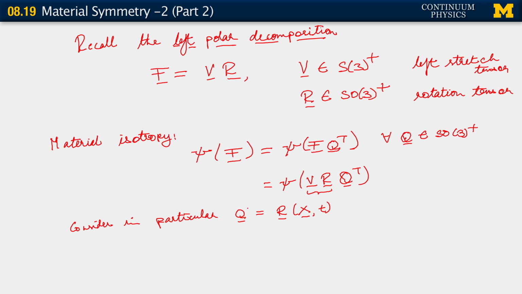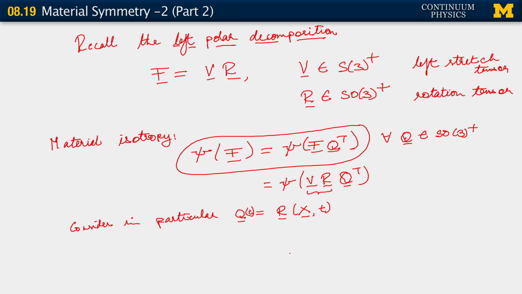Suppose that Q coincides with the rotation tensor at the point for which you want to apply these arguments. We know that particular Q is also included among all those that must satisfy this relation.